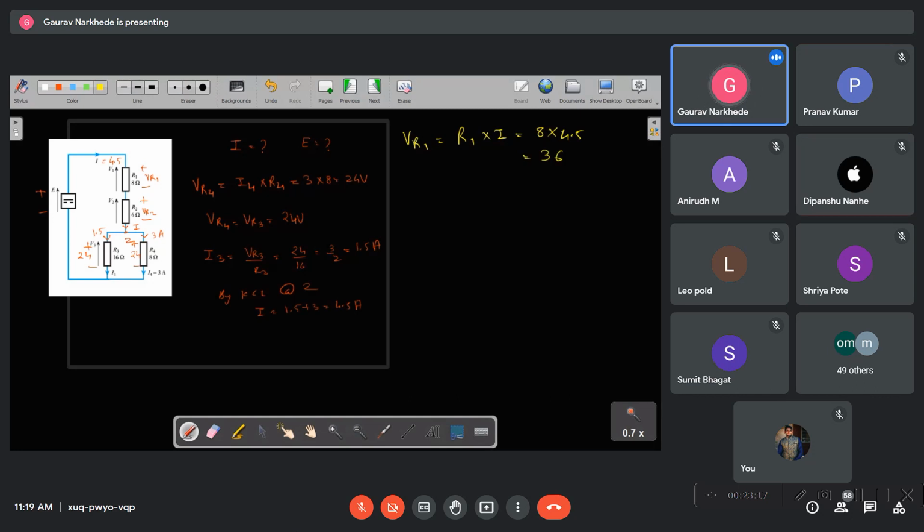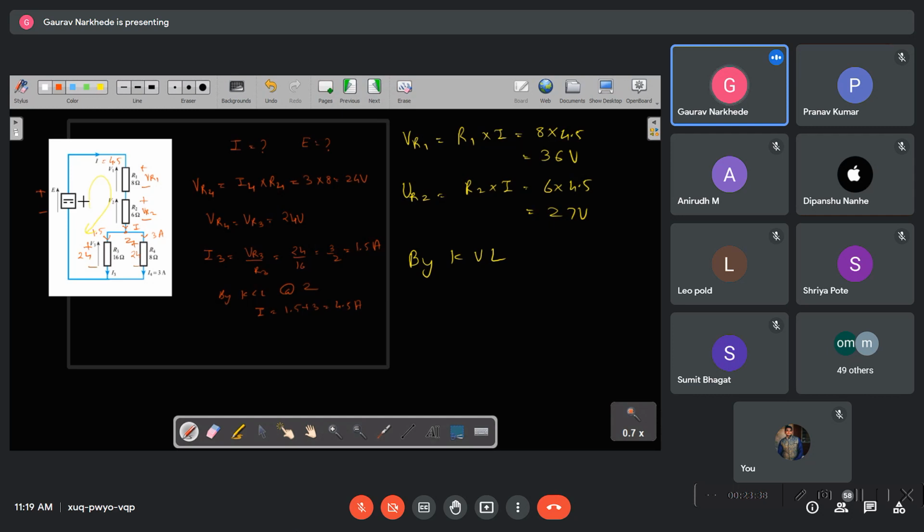So it will be 36 volts. And VR2 will be equal to R2 into I. So that will be 6 into 4.5. So how much is it? 27 volts.